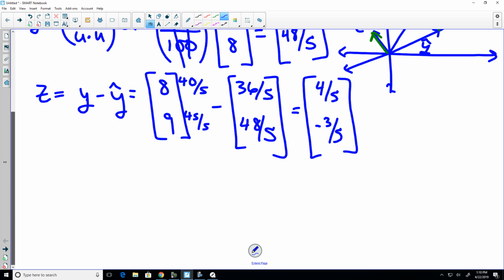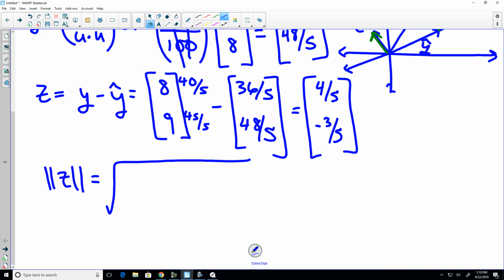And the last thing is to find the magnitude of z. So we take the sum of the squares of the components and find the square root of that.